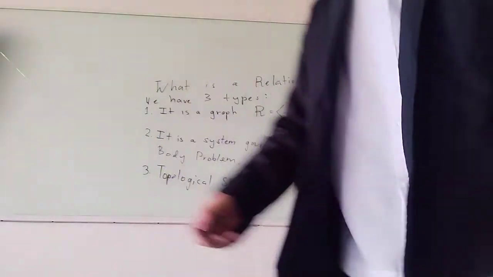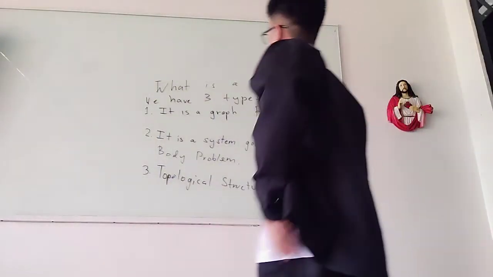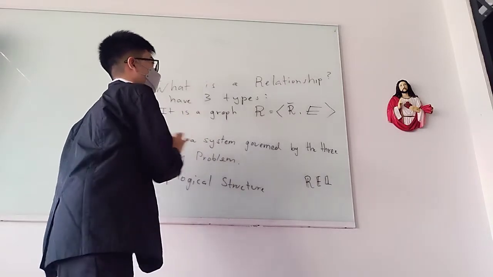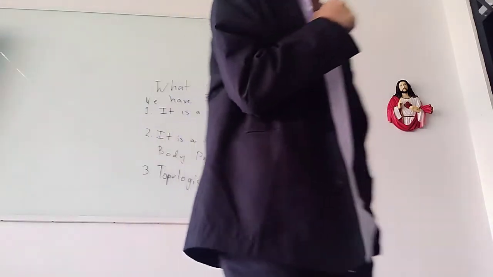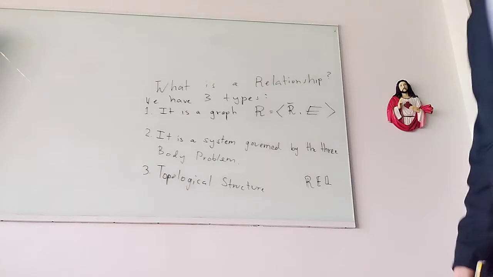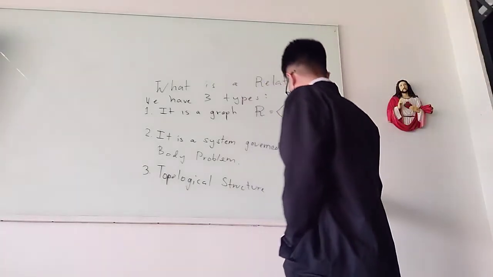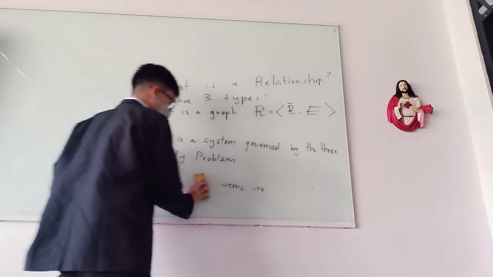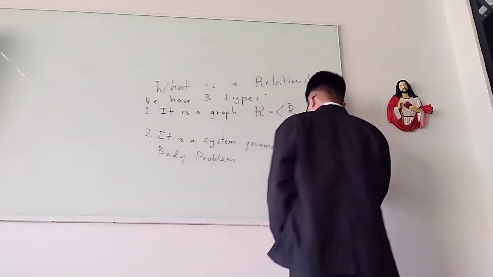Okay, so in this lecture, we're going to discuss the first type of relationship, which is a graph. Now, let's ask ourselves the question, what is a graph exactly? A graph is a mathematical structure.